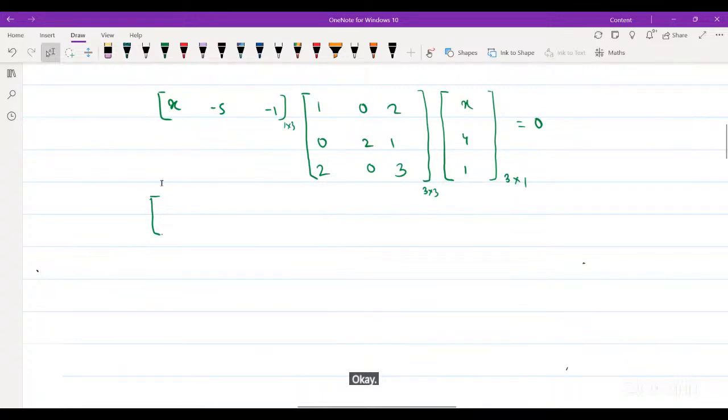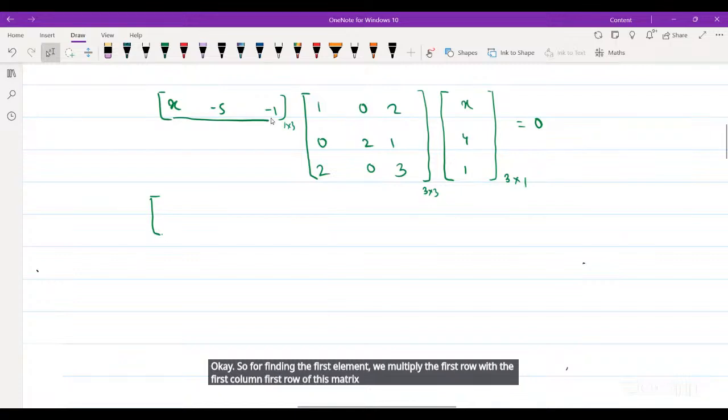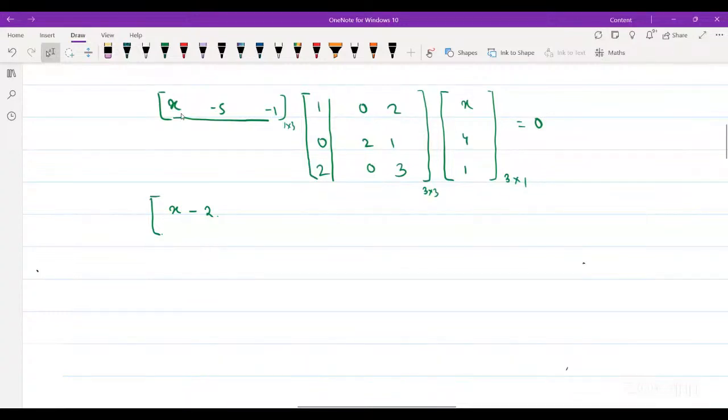So for finding the first element, we multiply the first row of this matrix with the first column of this matrix. So this is x minus 2. Then first row, second column, so this is minus 10. This is 2x minus 5 minus 8, which is 2x minus 8, multiplied with x 4 1.